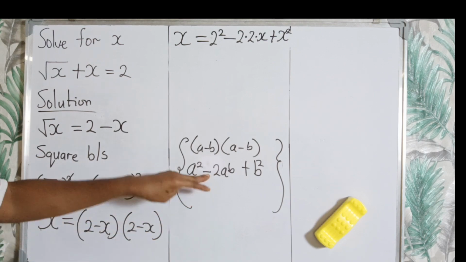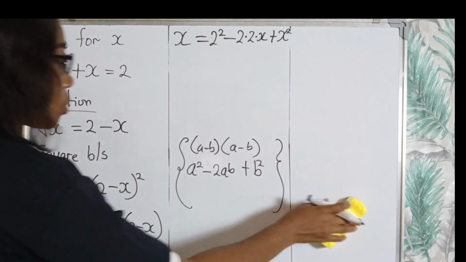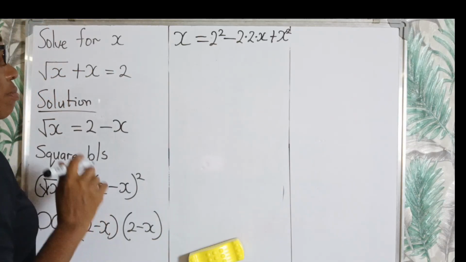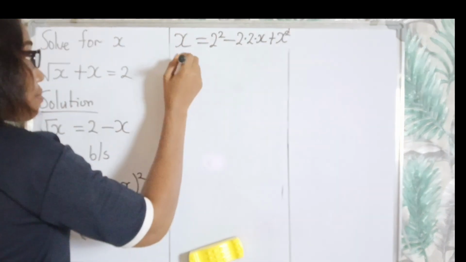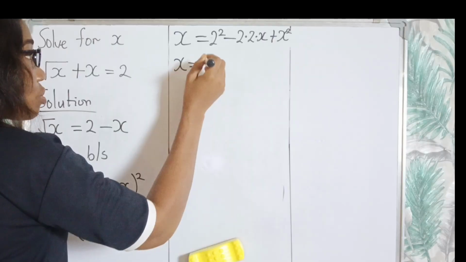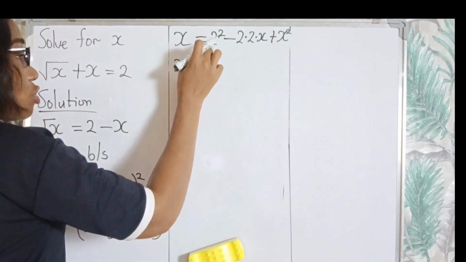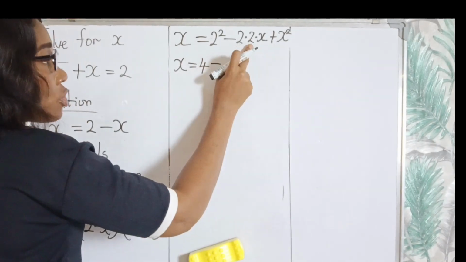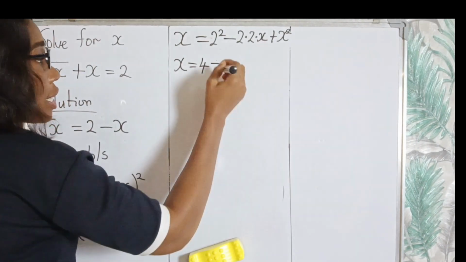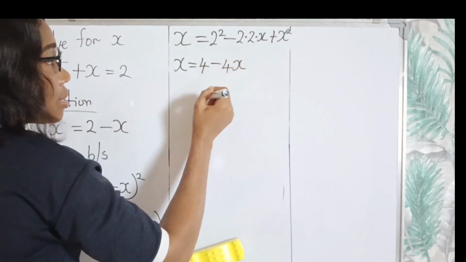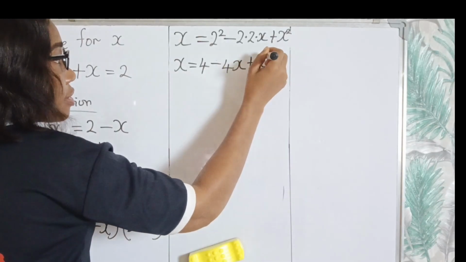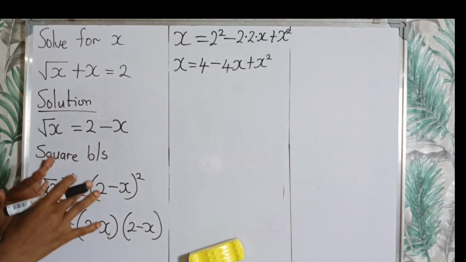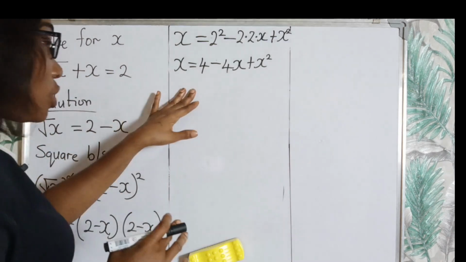So I have applied this here, so I can wipe this off. So let's simplify further. So here I have x is now equal to 4. 2 squared is 4. 2 times 2 times 2 is 4. 4 times x is 4x. 4x plus x squared.